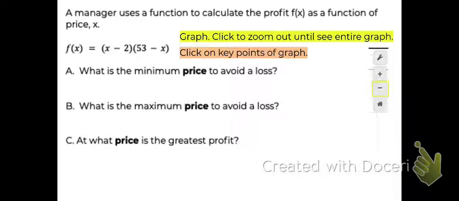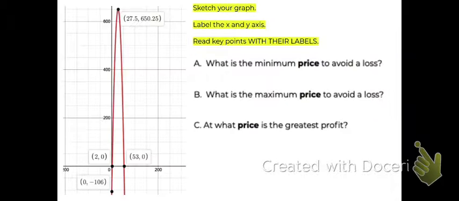We don't care about that left part of the graph, any negative numbers on the x-axis. Profit, do we care about the profit when it's negative? Maybe. Let's look at the bottom part where the y, the profit, is negative. But definitely the price can't be negative. So we just are going to zoom in on a certain portion of the graph. So when you graph it, this is what you'll see.